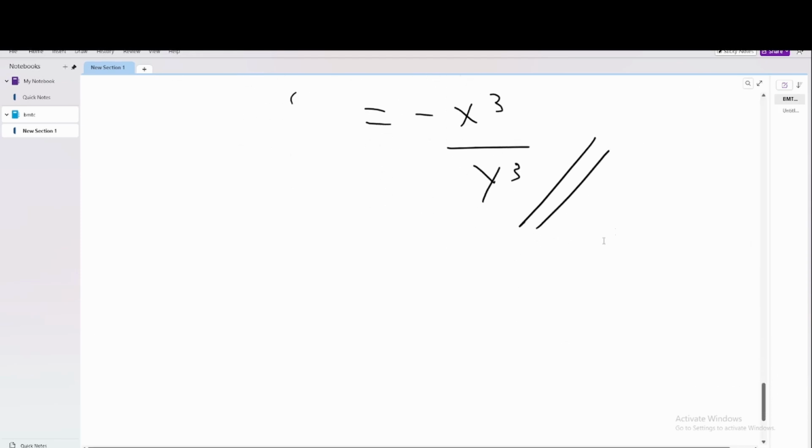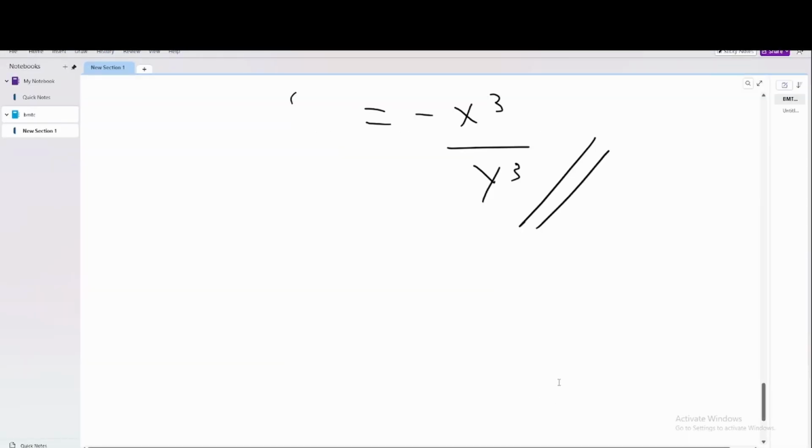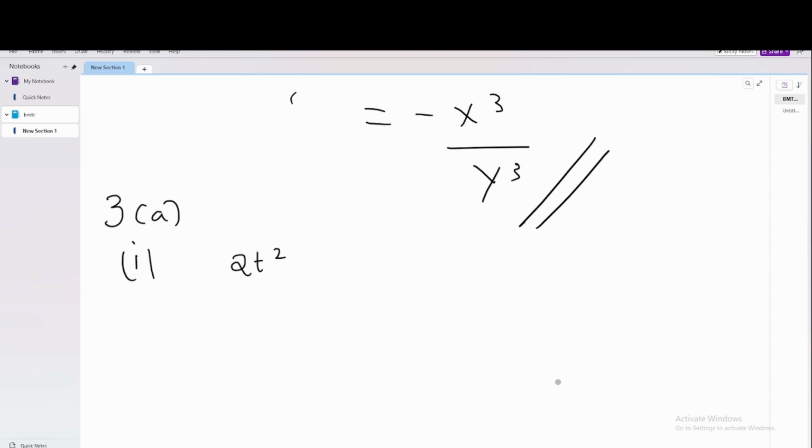So the next question is 3a. Evaluate the following integrals. First one, integral 1 to 9 of 2t square plus t square into root t minus 1 by t square into dt. Let's do that. So 2t square plus t square root t minus 1 by t square.